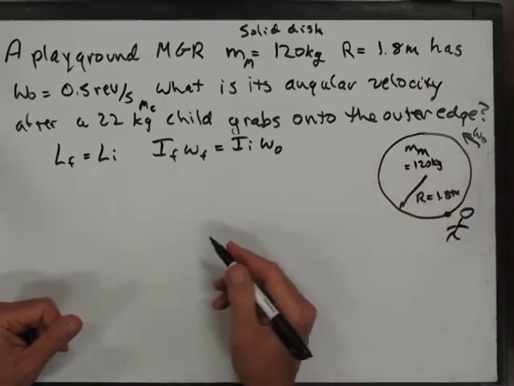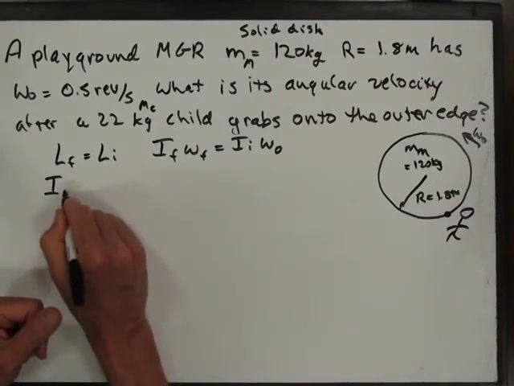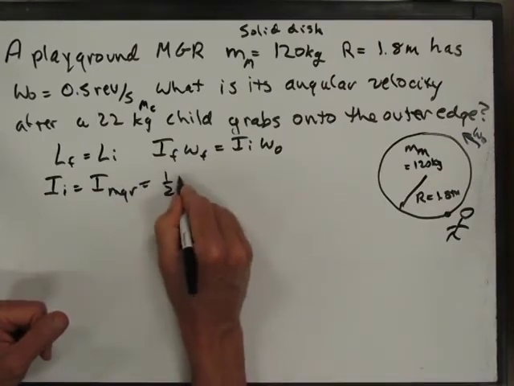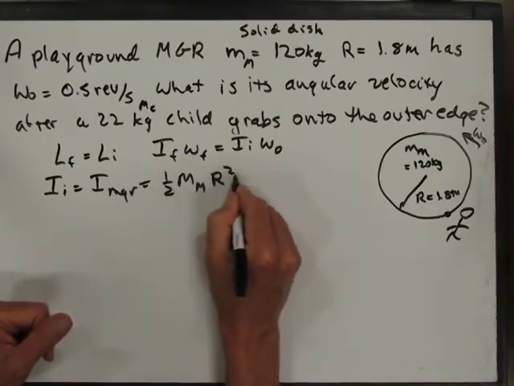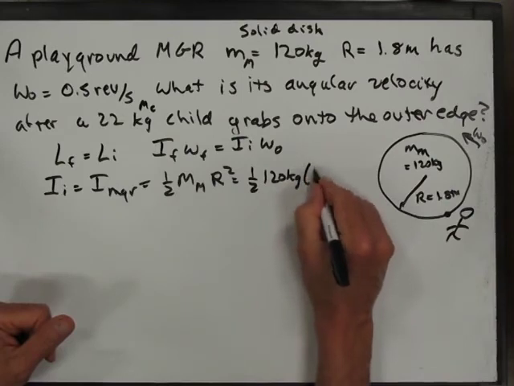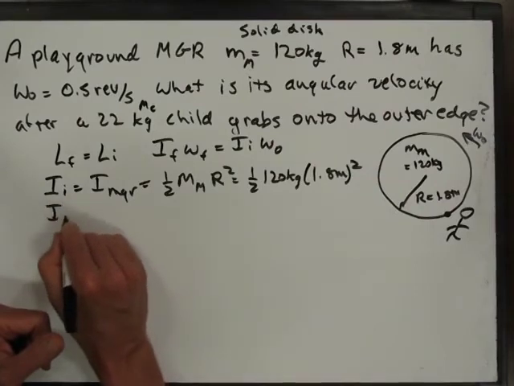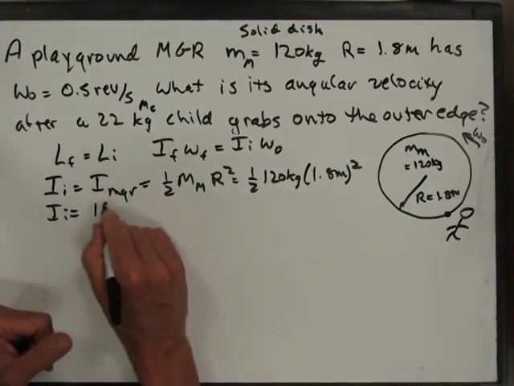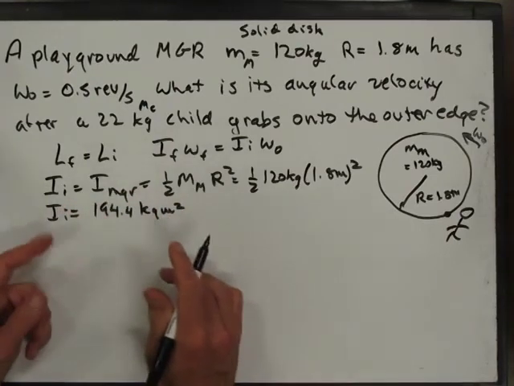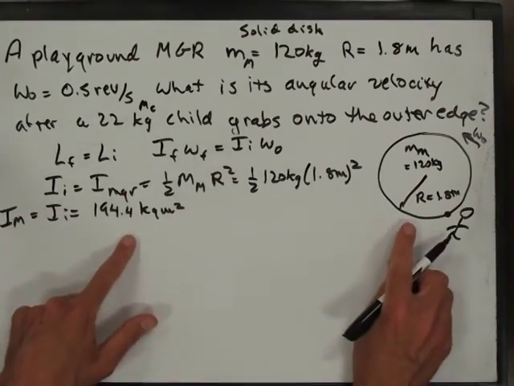And so the initial angular momentum is just the angular momentum of the merry-go-round, which is just 1/2 times the mass of the merry-go-round times r squared, which is 1/2 times 120 kilograms times 1.8 meters squared, which is I initial equals 194.4 kilogram meter squared. I can call that I for the merry-go-round. That's the rotational inertia of the merry-go-round initially.